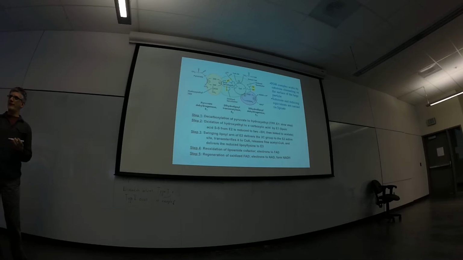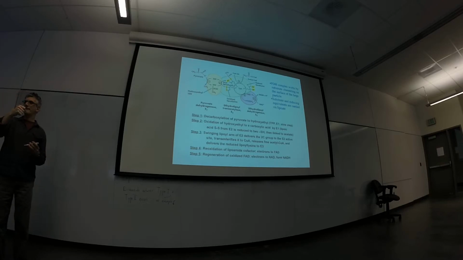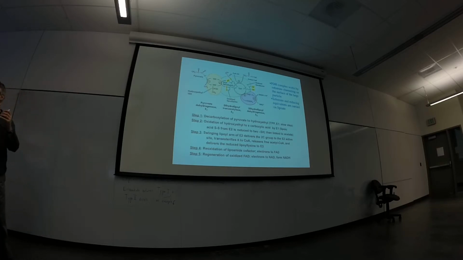So the substrate doesn't have to diffuse through a tunnel or something like that to get from E1 to E2. It just gets carried over because it's covalently linked. Okay? So it's kind of like a channeling in which there's a covalent linkage as opposed to a channeling where the product that's formed in the first enzyme has to diffuse.